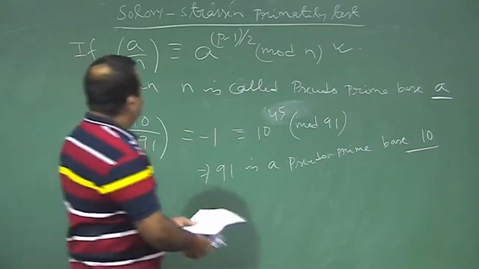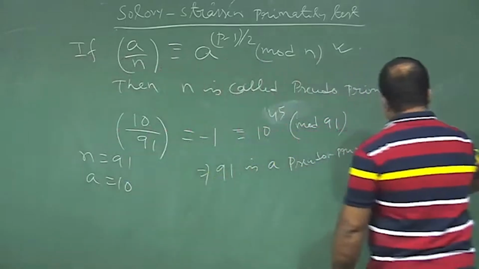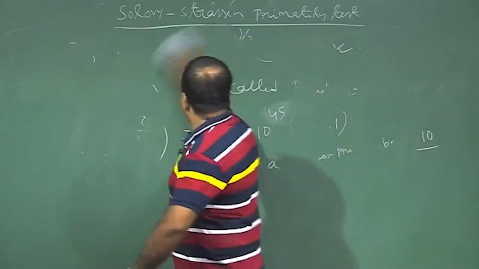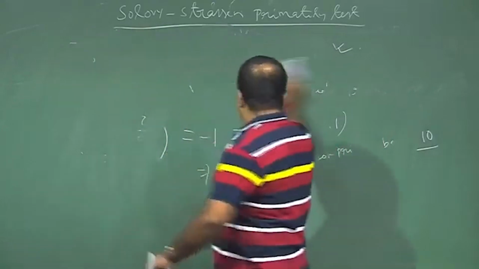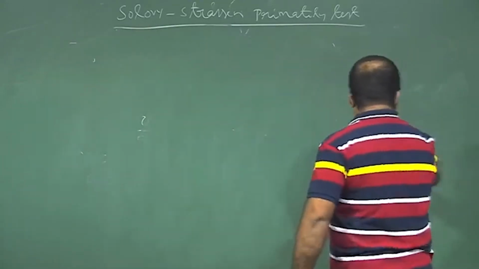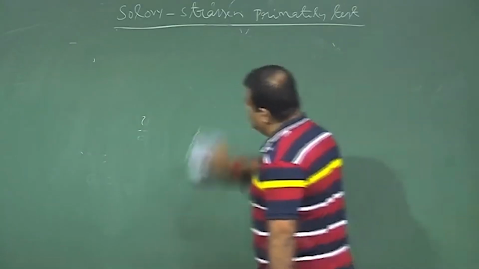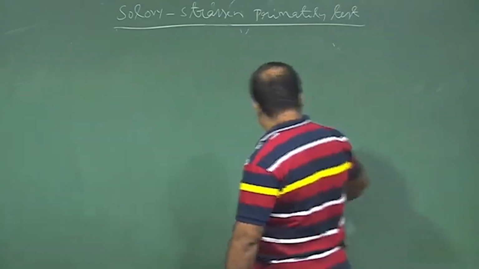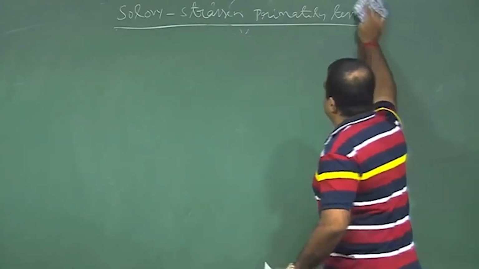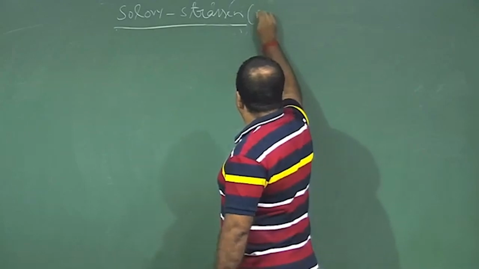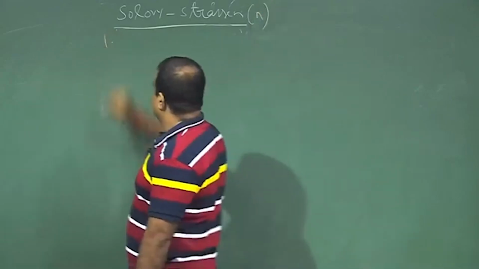So, based on this we have this primality testing algorithm, which is the Solovay-Strassen algorithm, taking an integer n as input. This is a probabilistic algorithm, so it may be correct or not with some probability. It tells us whether n is a prime or not.